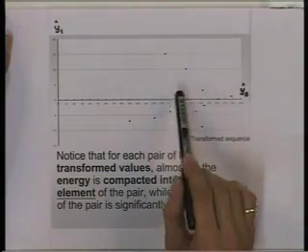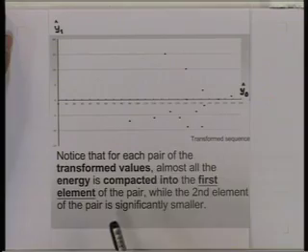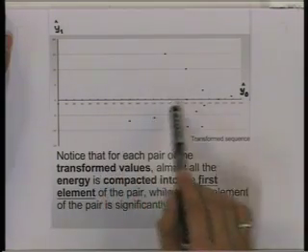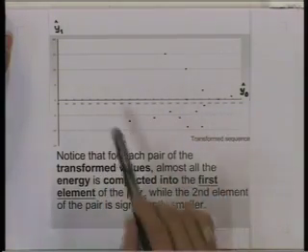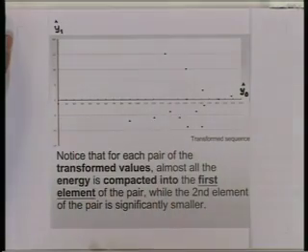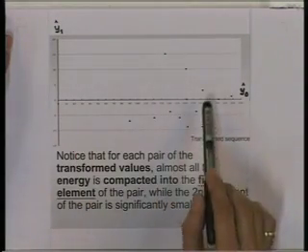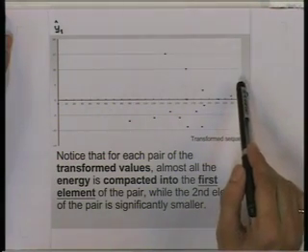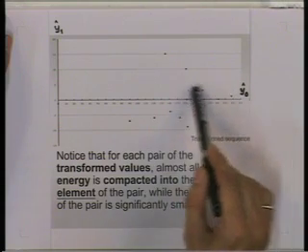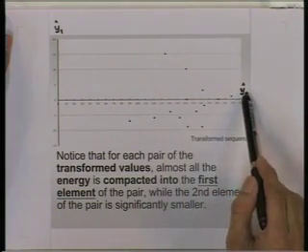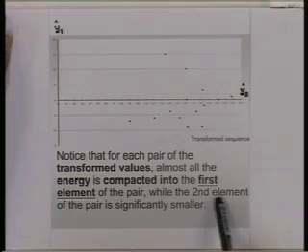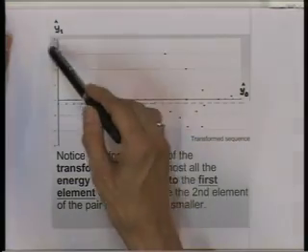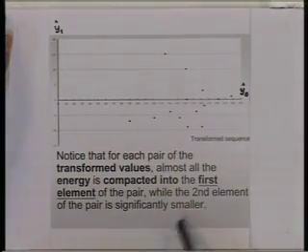If we define the energy as the sum of the squares of the horizontal coordinate plus the square of the vertical coordinate, then this plot shows that almost all the energy is compacted into the first element of the pair indicated by y0, while the second element of the pair indicated by y1 is significantly smaller.